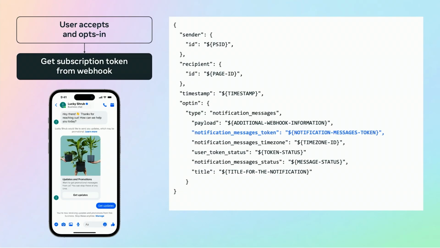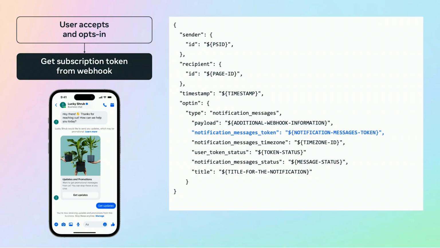Once the user accepts and opts in, you would need to get a subscription token from webhook. Let's bring our attention to the right-hand side of this slide, which shows the webhook response.